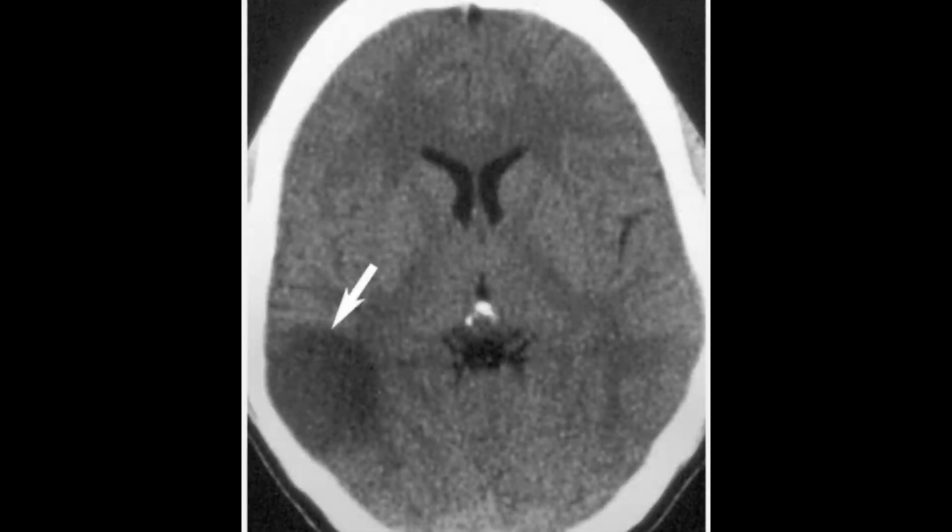Another example of the oligodendroglioma, you can appreciate that this is involving the peripheral side of the parietal lobe. However, this is quite common in the cortical region of the cerebral hemisphere, most commonly involving the frontal lobe or parietal lobe.